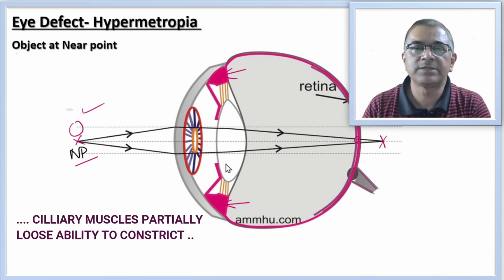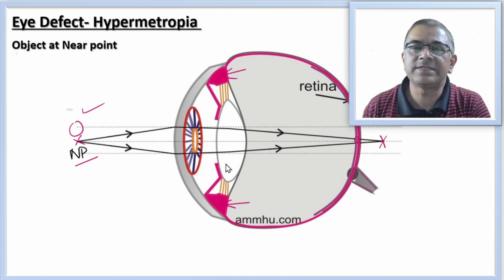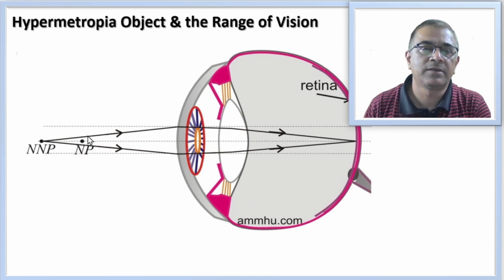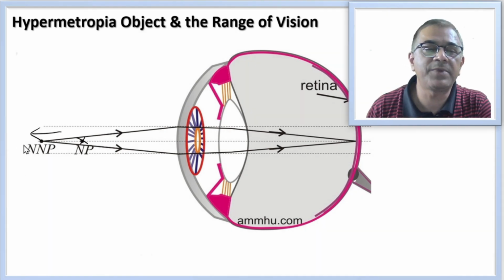In the process, the eye lens system is not able to form the image at the retina, and this leads to a situation in which the near point of a person shifts a little away from its actual position. The far point of the person suffering from hypermetropia still remains the same.